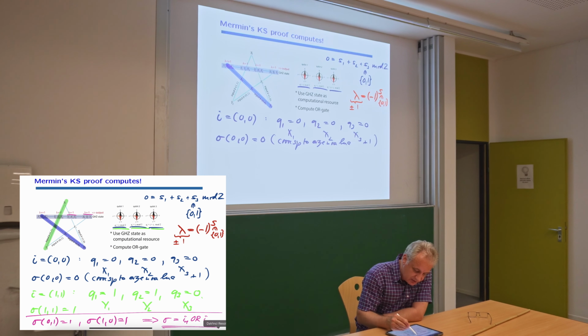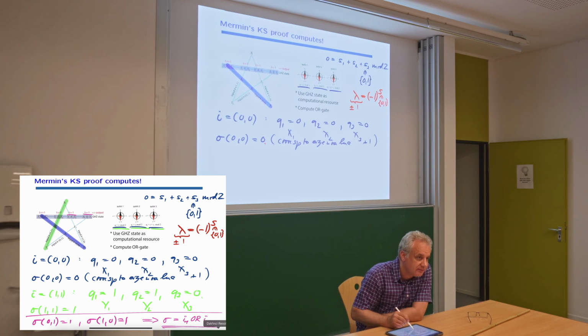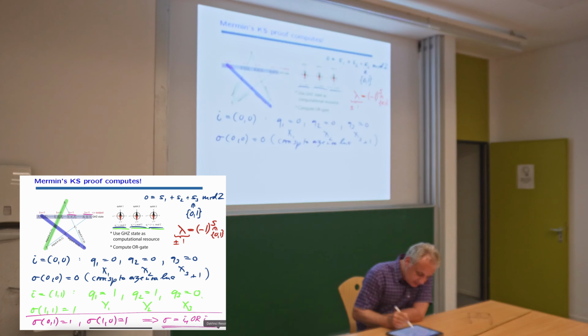Expressed in terms of the s's rather than the eigenvalues, the sum of these s values will add modulo 2 to the corresponding value s over here, which is 0. Individually they are random, but when I look at the correlation, I will have this outcome with certainty. So this outcome, 0, corresponds to eigenvalue plus 1 over here.